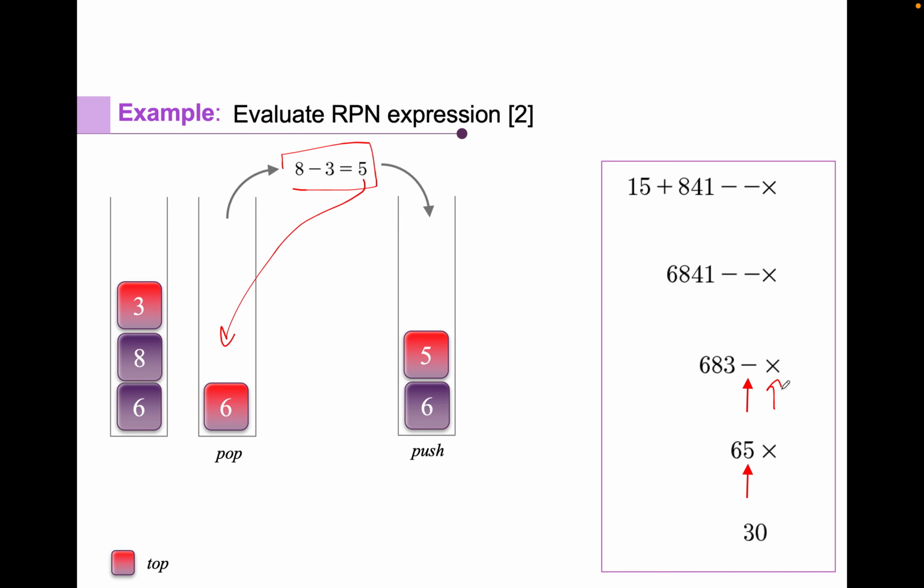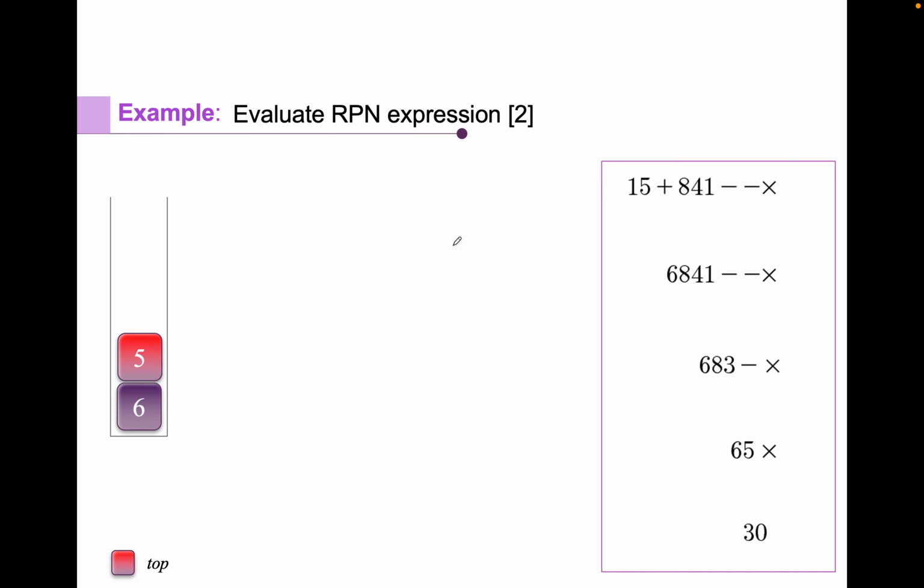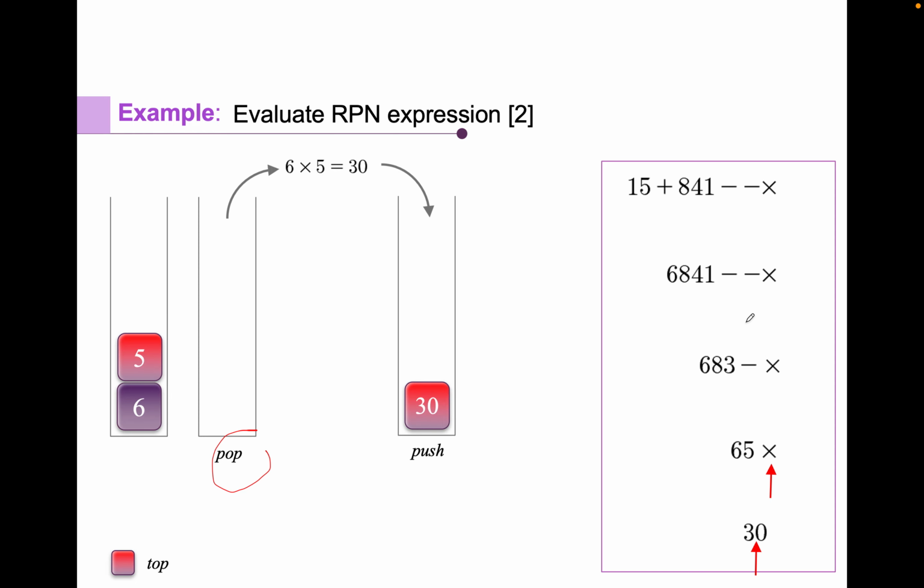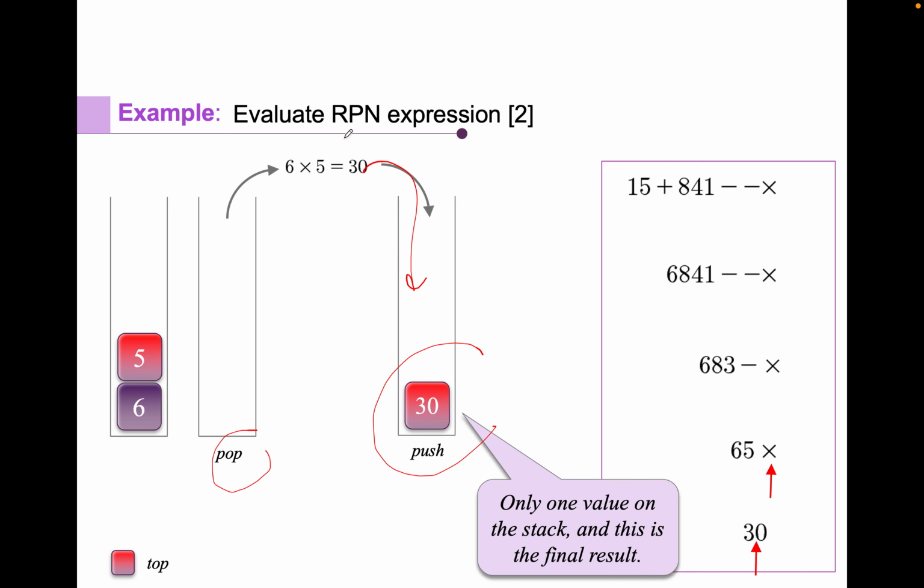Then you scan again and meet multiplication, so you pop. When you meet an operation, you pop. Then your final answer will be the total of the multiplication there. So only one value is left on the stack, and this is the final result when there are no more operations that you need to do.